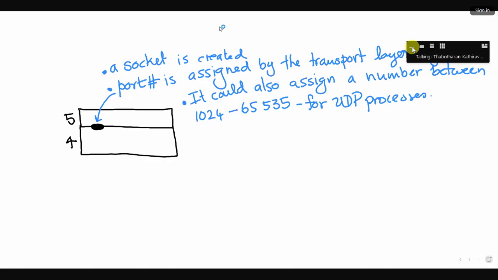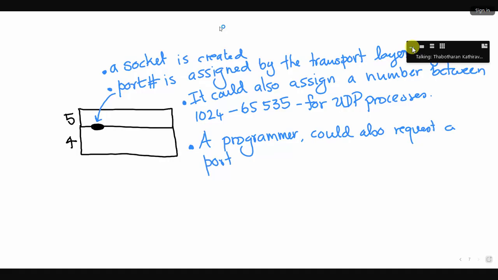In addition to that, a programmer, somebody interested, could also request a port number using network programming commands, to be used in his program, in his application.